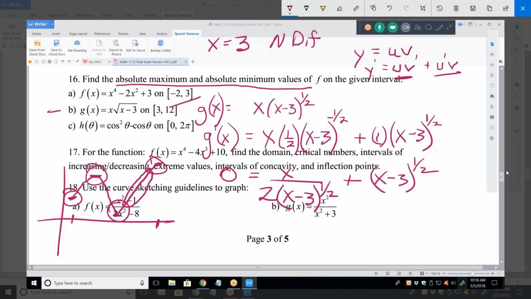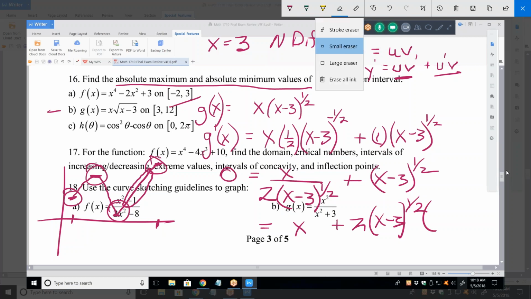In fact, let's do it by 2 times this. Here's what I get. I get x plus 2 times that to the 1/2 times that to the 1/2, which makes it just that. You follow that? Yeah. In other words, I've simplified that considerably.